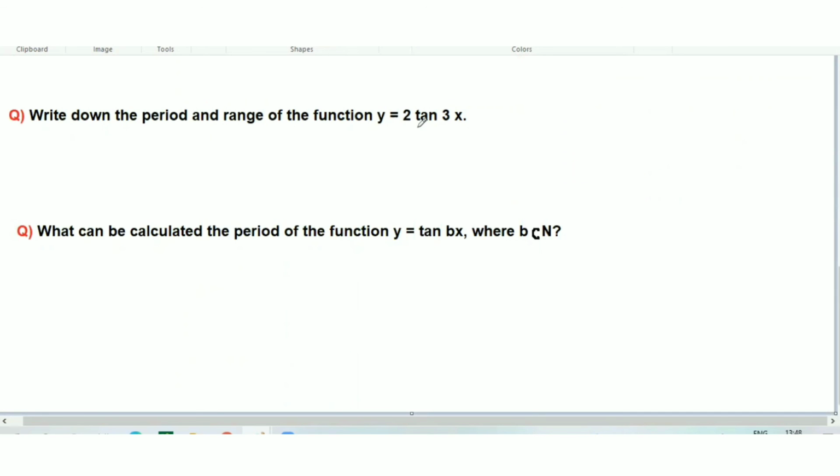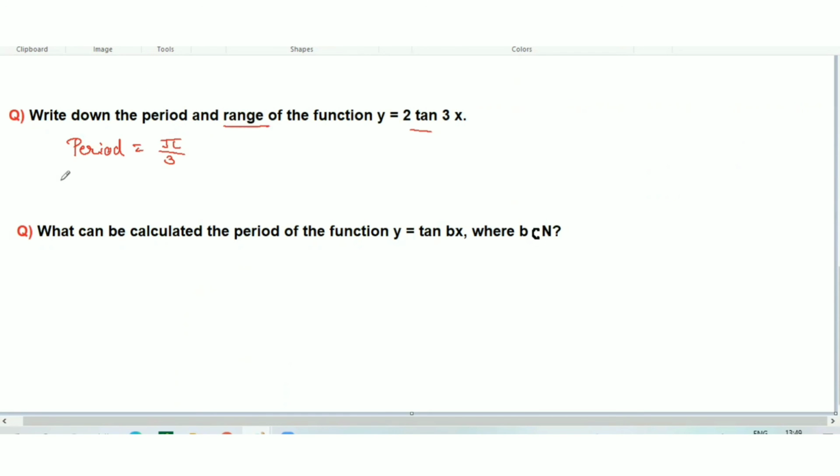As this is tan, the period of tan theta is always pi. But here it is tan of 3x, so this 3 will affect the period of tan theta. So pi is divided by 3, pi over 3. This is the period of the function here.